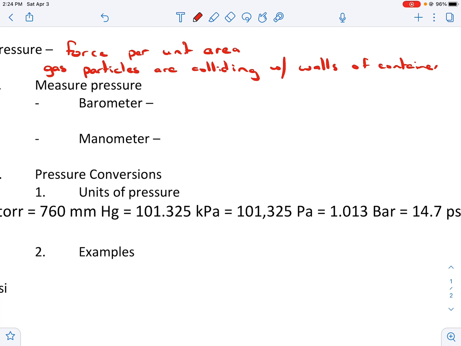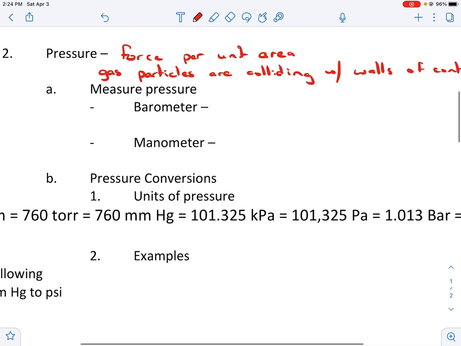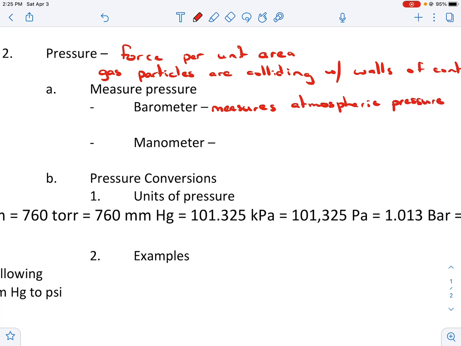All right. Now, next up, we have how we measure pressure. There are two different ways to measure pressure. The first one is probably one that you've heard of, and that is our barometer. Our barometer measures atmospheric pressure. This is what the weather people are talking about when they're talking about barometric pressure.